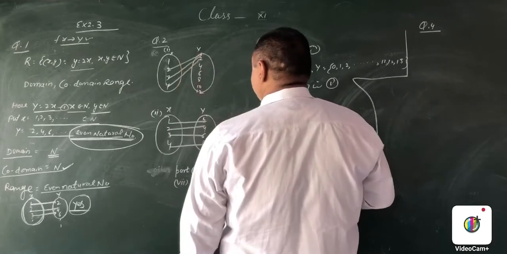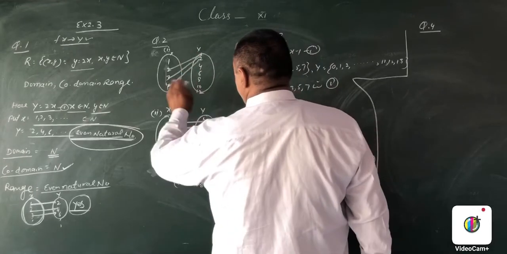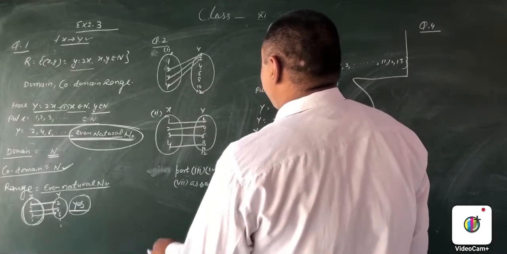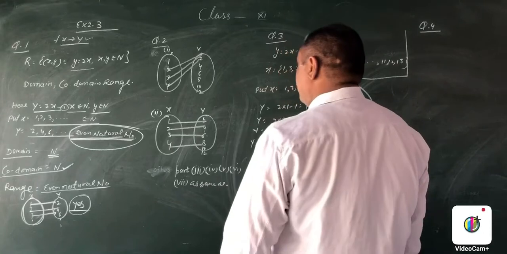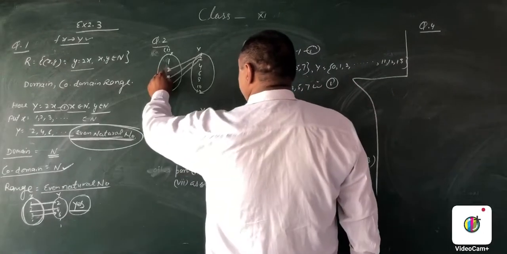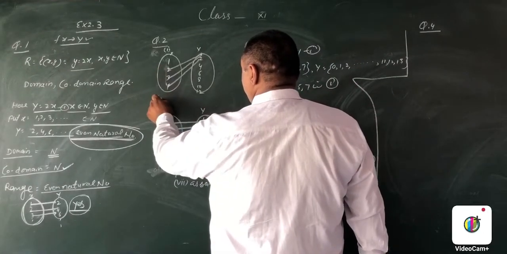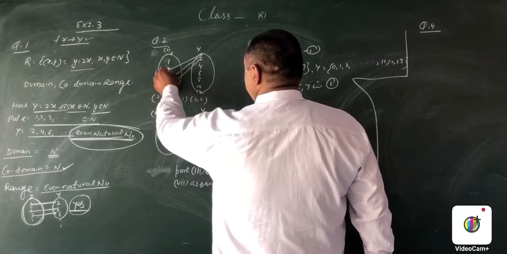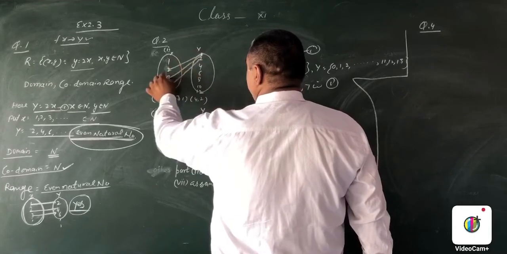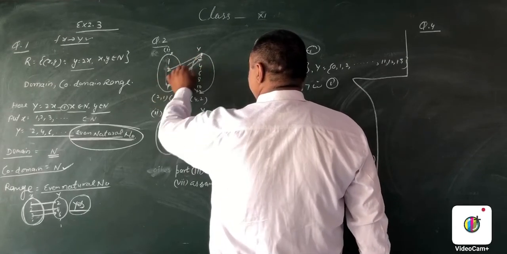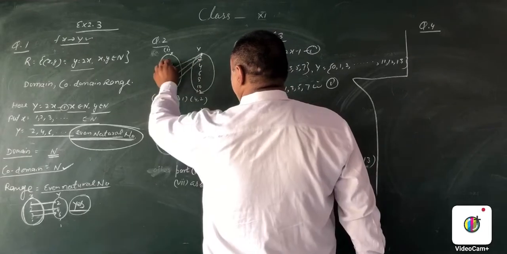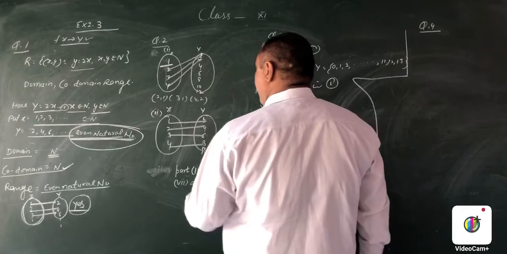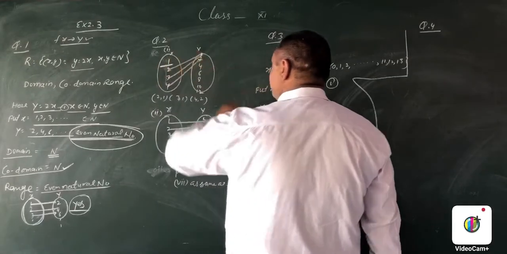So now we check whether every element of x has at least one image in y; then it is a function, otherwise not. Now we check the given pairs: (2, 1), (3, 1) and (4, 2). Now 2 is associated with 1, 3 is associated with 1, and 4 is associated with 2. The element 1 of x is not associated with any element of y.